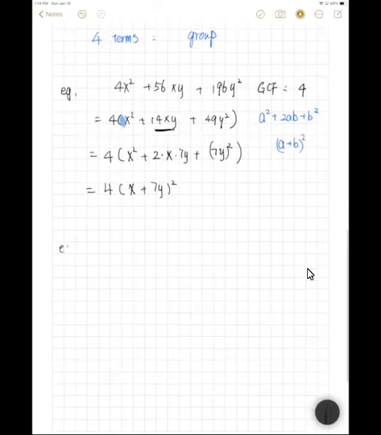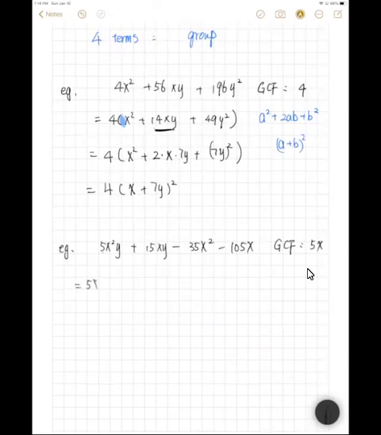Okay. Another example, we have 5x squared y plus 15xy minus 35x squared minus 105x. Well, the first step is we want to find the greatest common factor first. In this case it would be 5x.